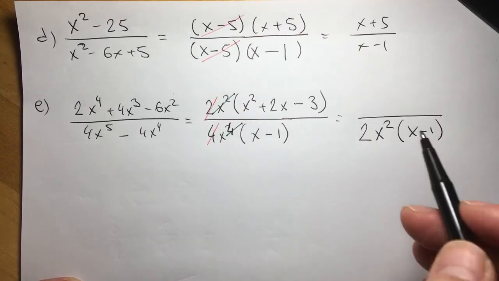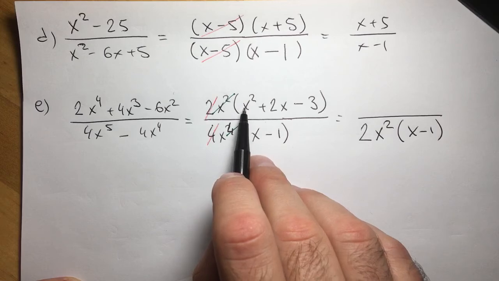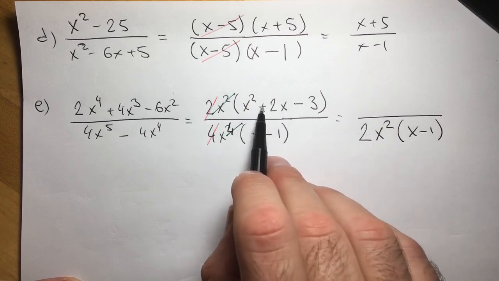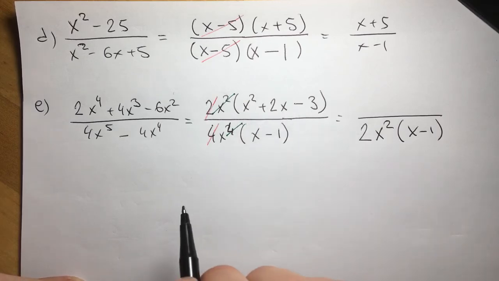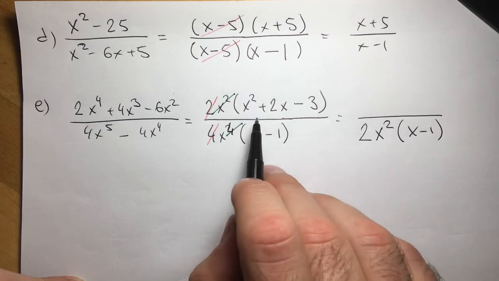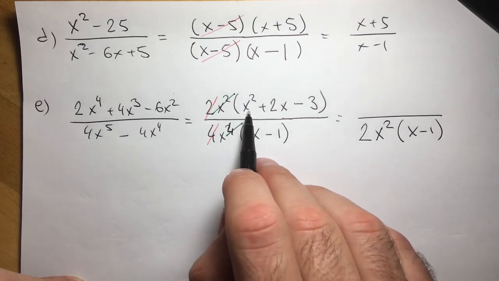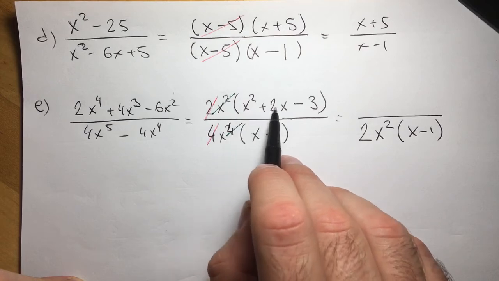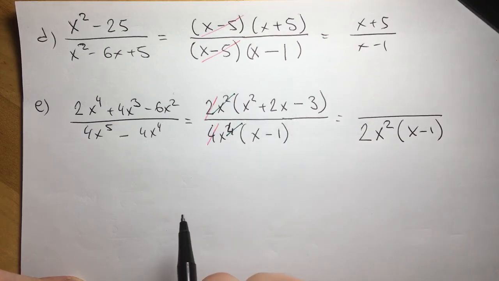Well, let's check. If by plugging 1 here I get 0, then x minus 1 indeed is going to be a factor of this polynomial. So 1 squared is 1, plus 2 times 1 is 2, 1 plus 2 is 3, 3 minus 3 is 0.